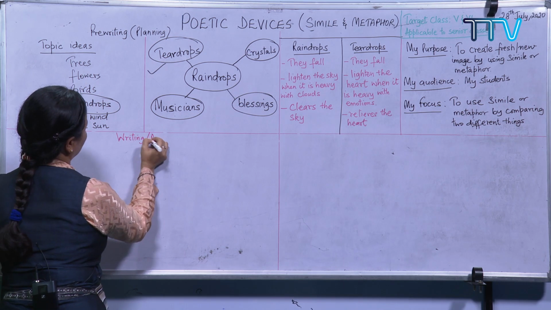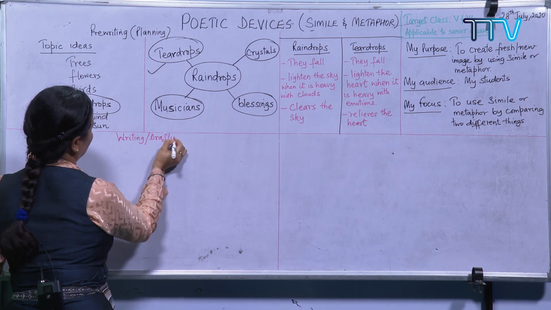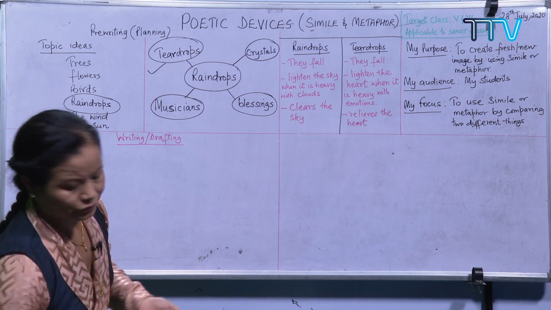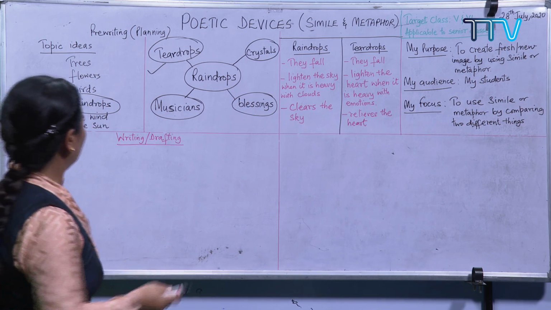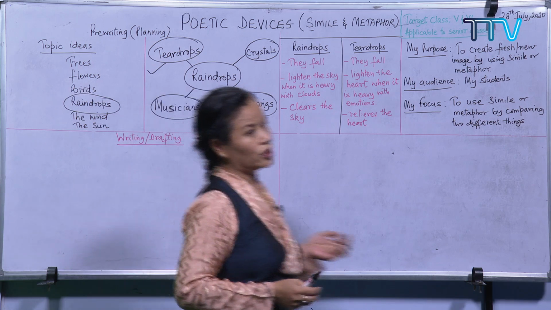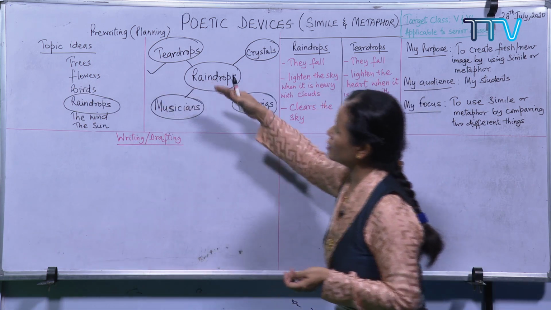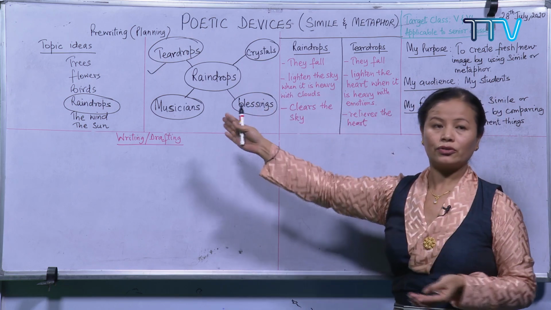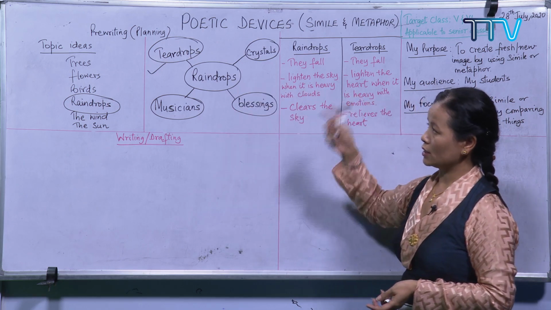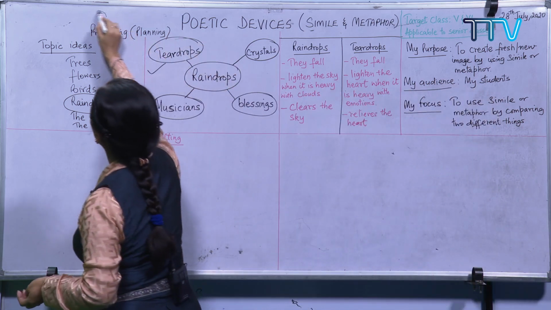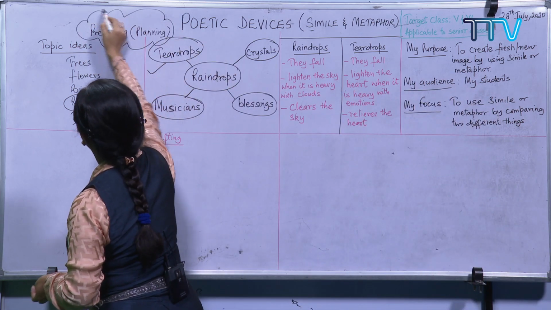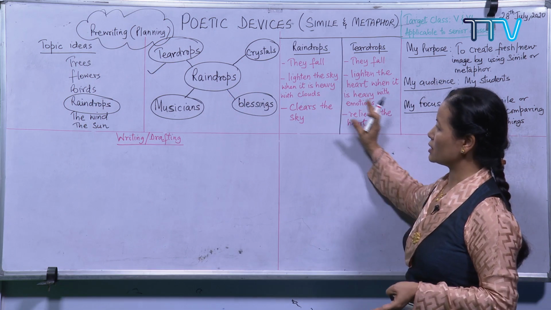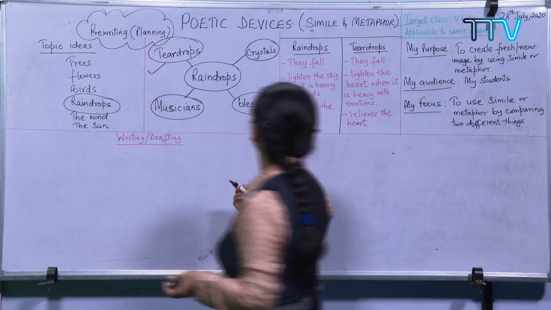When you are on the writing stage, you have to look at all these things that you have decided or planned during your pre-writing stage. During your pre-writing stage, what did you plan? You have to look at this because this will help you.